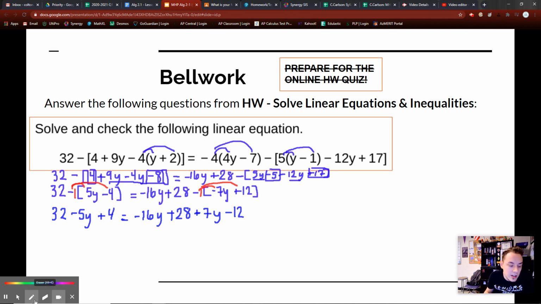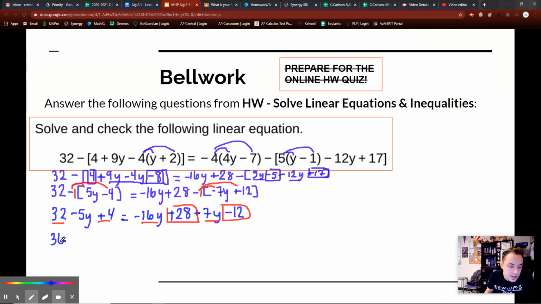All right, now I can start combining tons of stuff here. I can combine those on that side. I can combine these on this side. And I can combine these on this side. All right, so let's start going to town. So this is 38. Sorry, not 38. What am I doing?